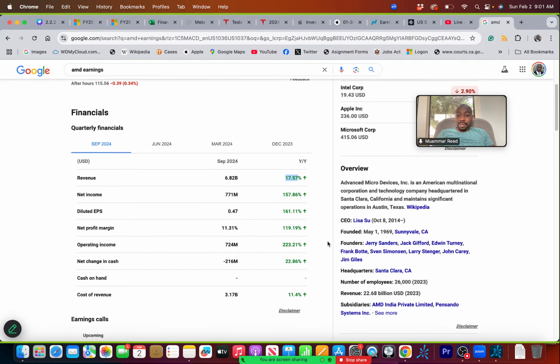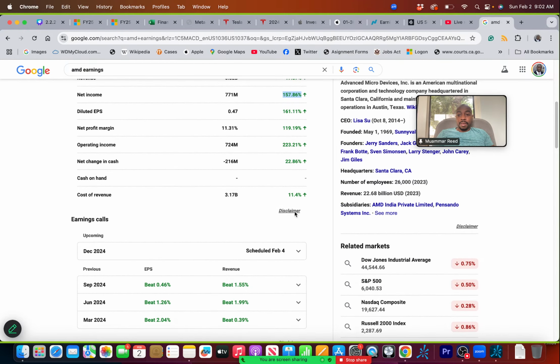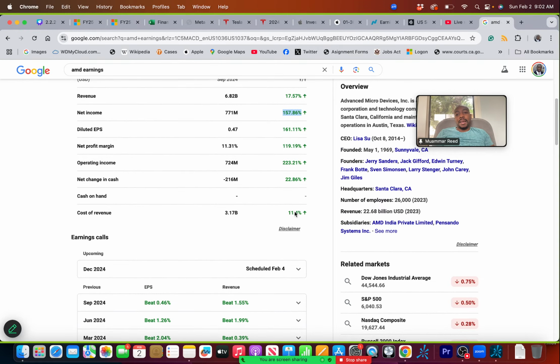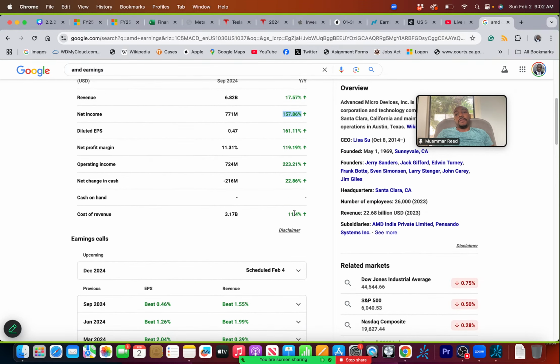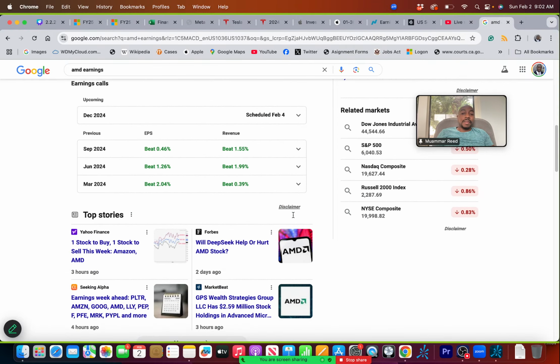The net income, the profit, grew 157%. Tesla's didn't. So I just think there are better companies out there to invest in than Tesla currently. So that's why it's not on my list.